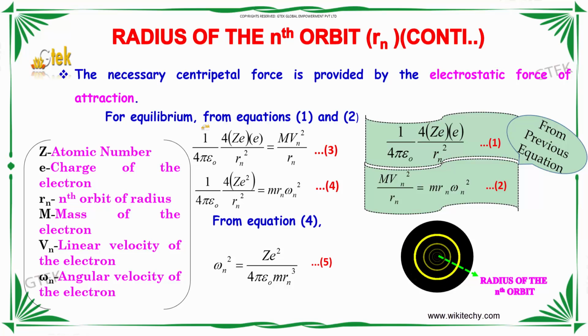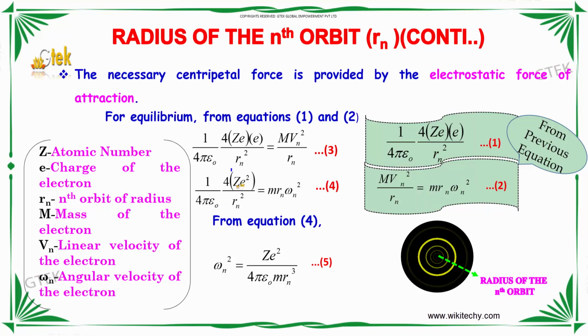For equilibrium, from equations 1 and 2, 1 by 4 pi epsilon naught into Ze square by Rn square is equal to m vn square divided by Rn, which is equal to m Rn omega n square.